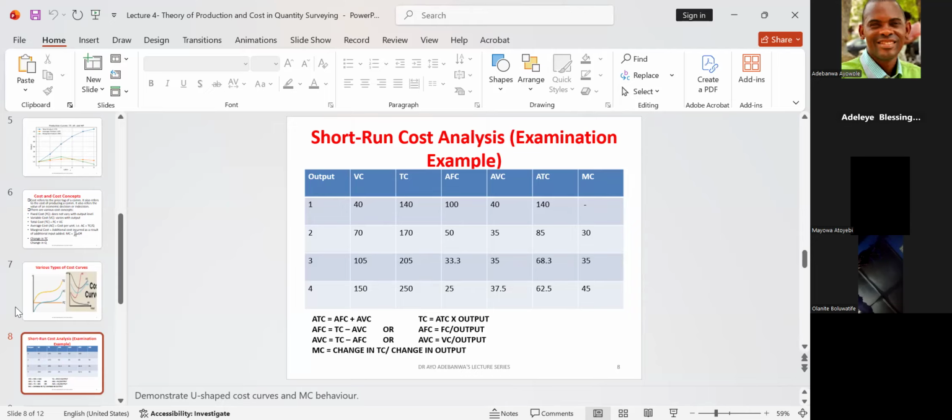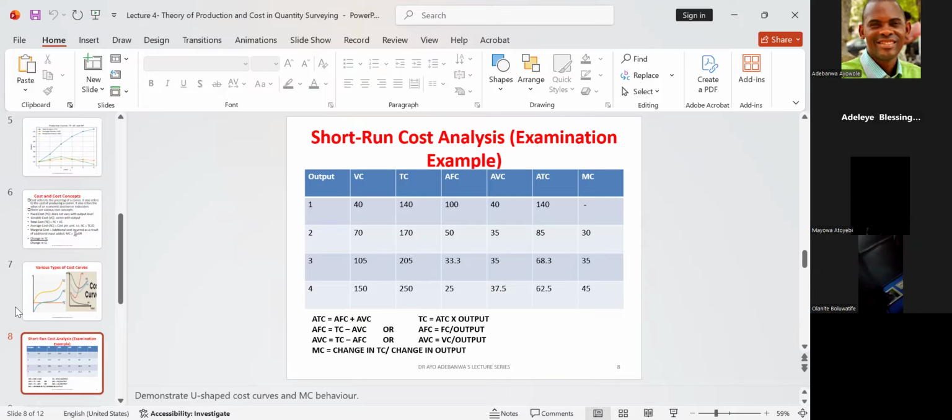Then average variable cost is variable cost per unit of output. So when you add the AFC plus the AVC, that gives you the ATC. Then you can also have another formula for ATC, and that is TC divided by Q, that's total cost divided by output.